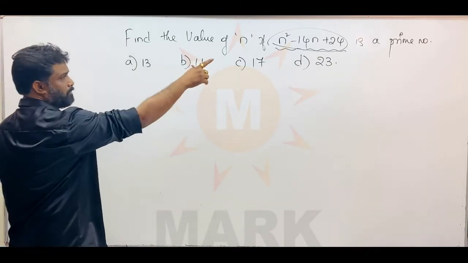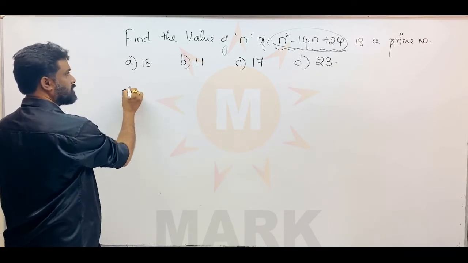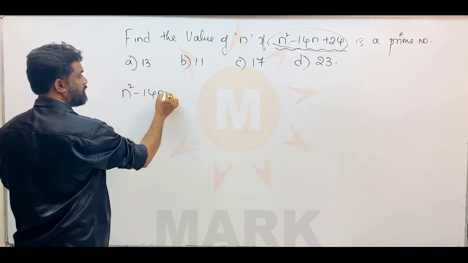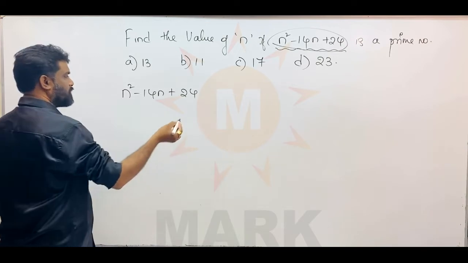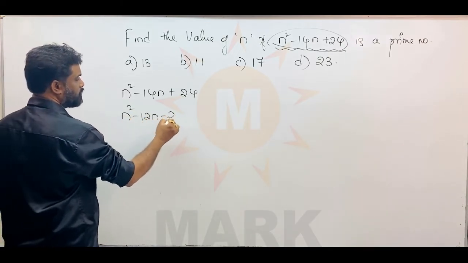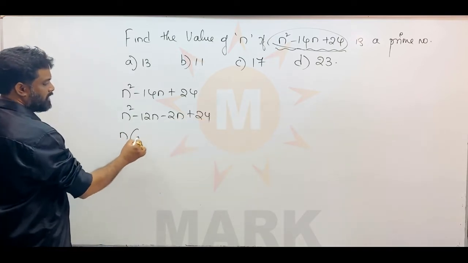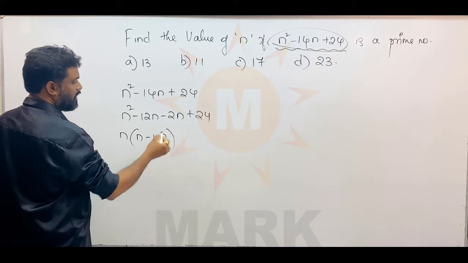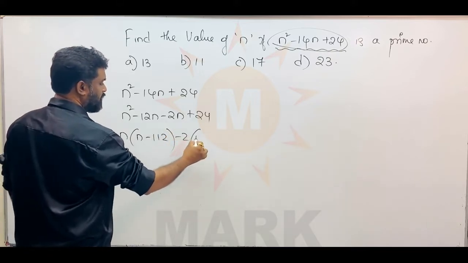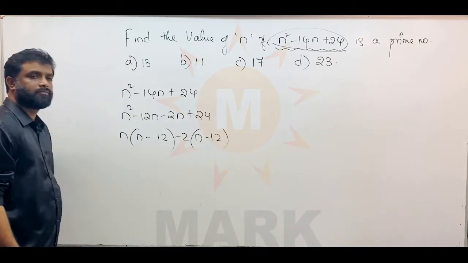Now friends, here we will factorize that quadratic expression. So n square minus 14n plus 24. I can clearly write it as n square minus 12n minus 2n plus 24. If I take n common here, I will get n minus 12, and if I take minus 2 common here, then also I will get n minus 12.